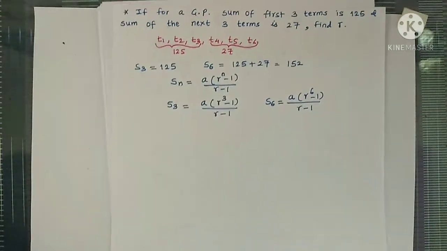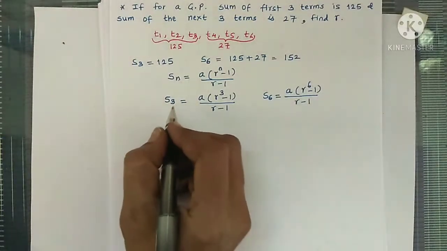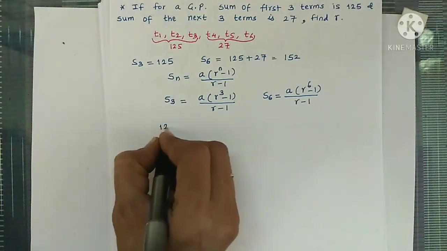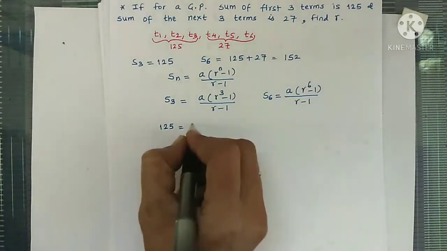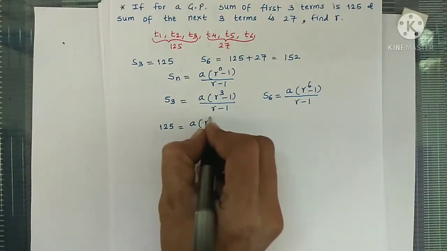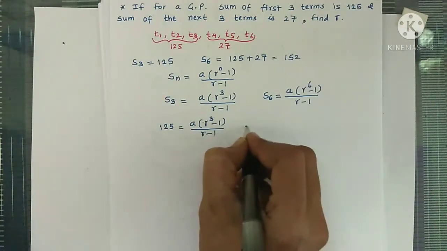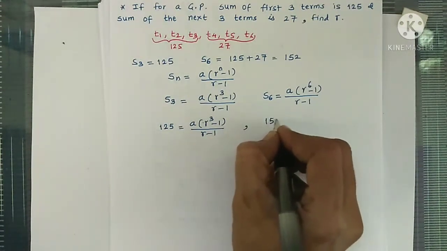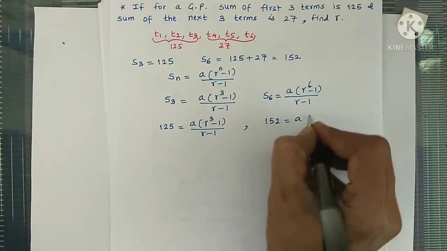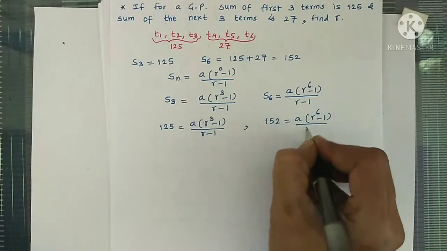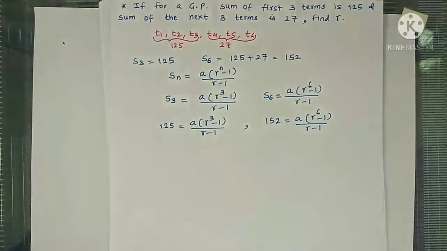Now we have the values, so let's substitute them. S3 is 125, so 125 equals a (r raised to 3 minus 1) upon (r minus 1), and 152 equals a (r raised to 6 minus 1) upon (r minus 1).